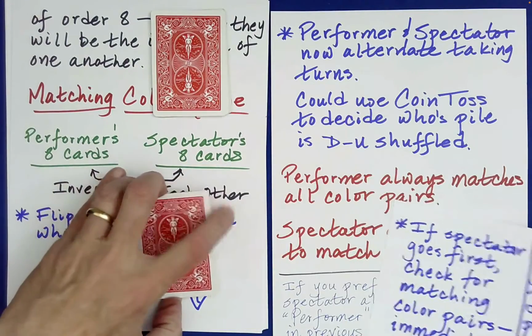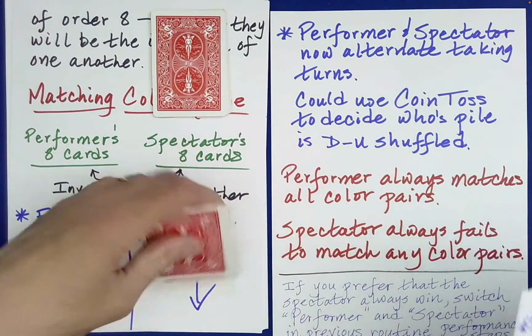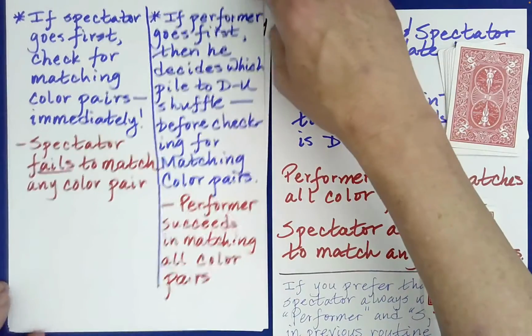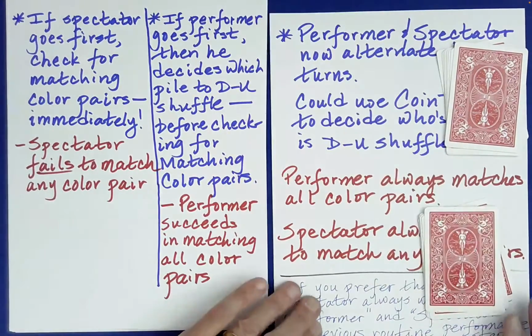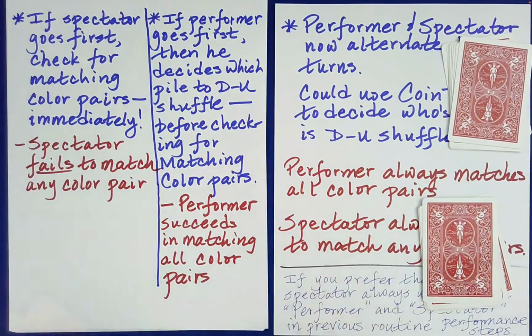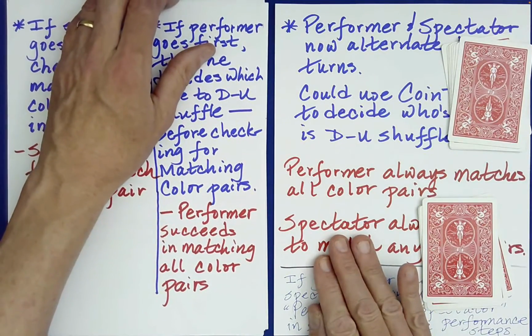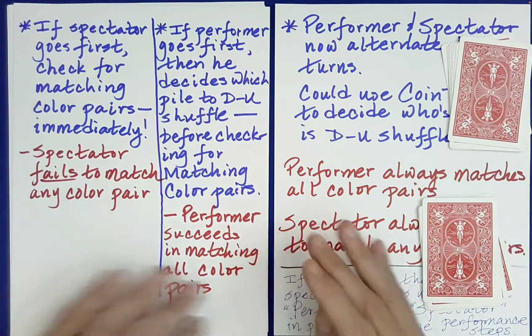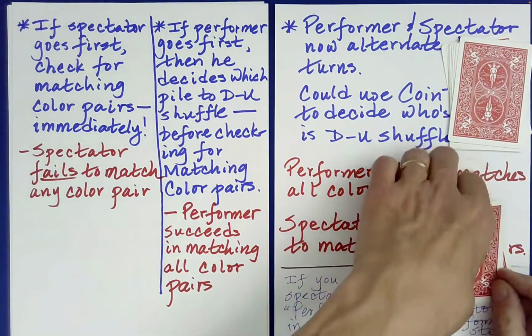Okay, so let me just move these over here. What they would do then is they would say, okay, let's down under shuffle your pile, meaning the performer's pile. So they want you to down under yours, so they can actually perform it as long as they don't drop the cards everywhere. Okay, so here we are.